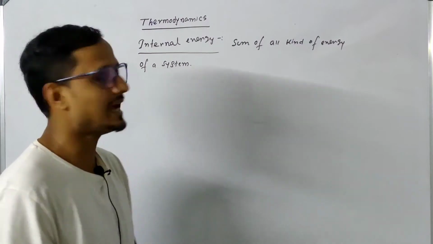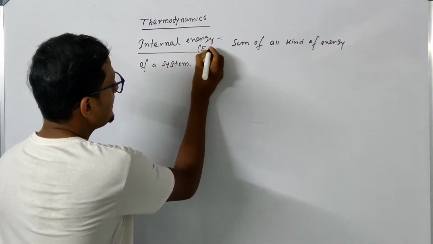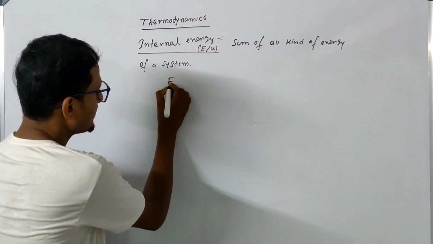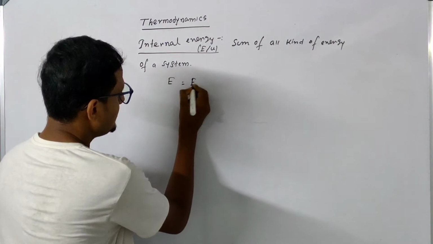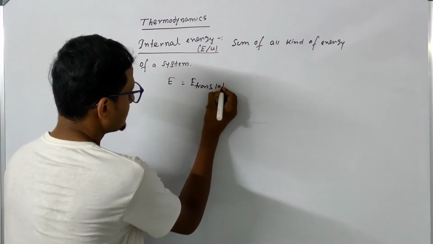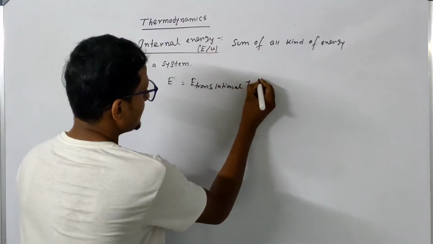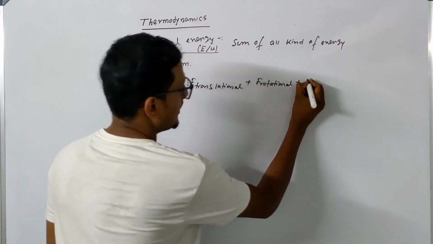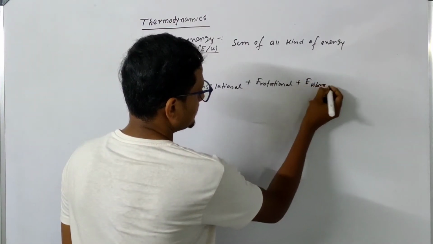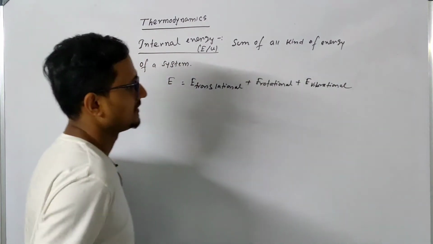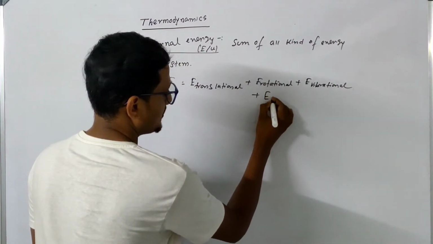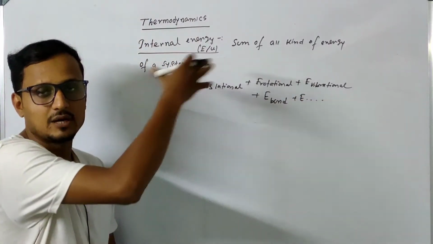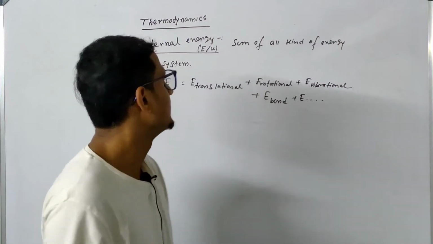It is called the internal energy and it is denoted by E or U. We can write E equals E translational plus E rotational plus E vibrational plus all kinds of energy, E bond energy, plus so on. So the sum of all kinds of energy is the internal energy.